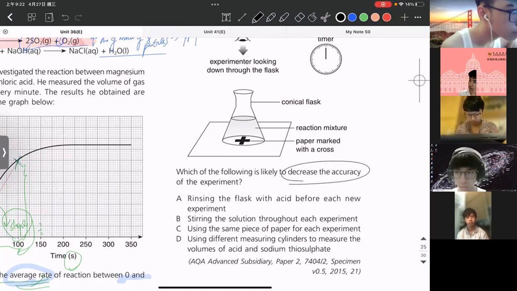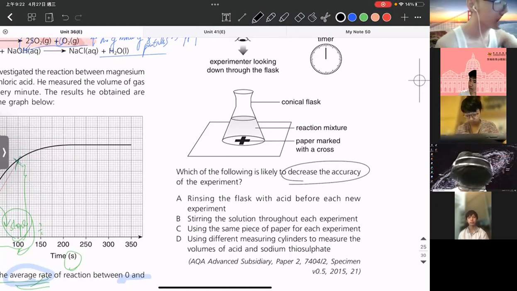Which practice cannot be done? A, B, C, or D? It must not be done, otherwise the data must be incorrect.